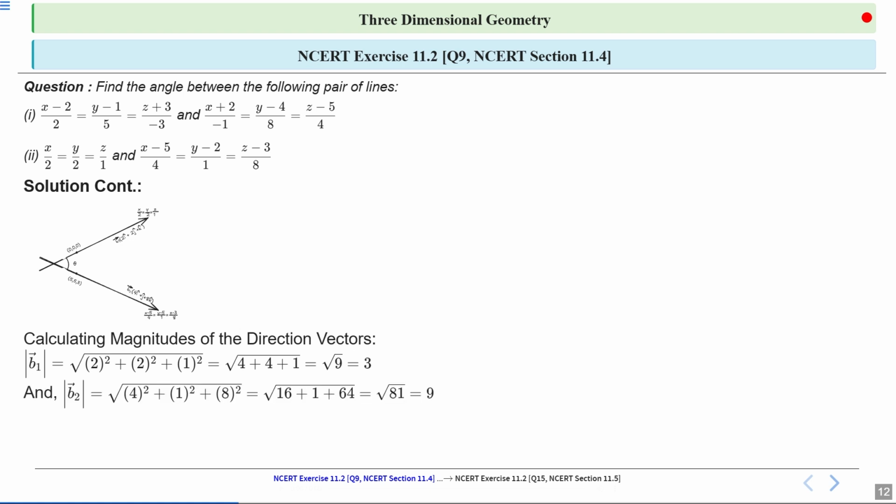And magnitude of b2 vector is basically square root of 4 square plus 1 square plus 8 square, which is equal to square root of 16 plus 1 plus 64, which is equal to square root of 81, right, which is equal to 9. Okay. Got it.